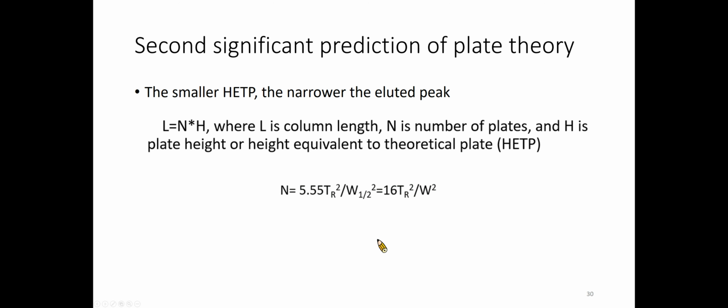The second prediction is that the smaller the theoretical plate height, the narrower the eluted peak. Given that the column length is a fixed value, the smaller plate height will cause a larger plate number. A larger plate number will result in a decreasing peak width.